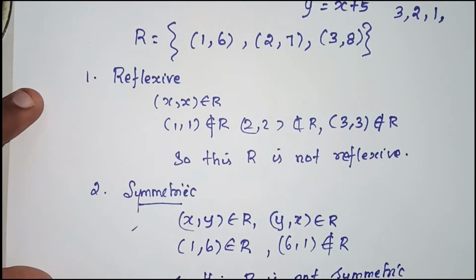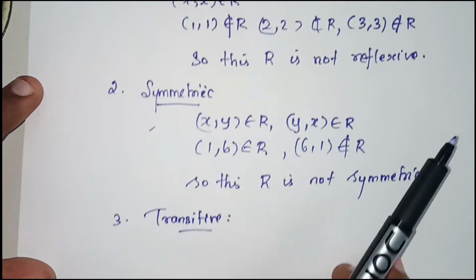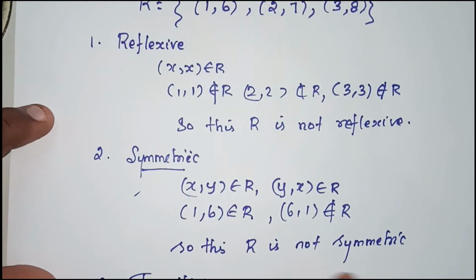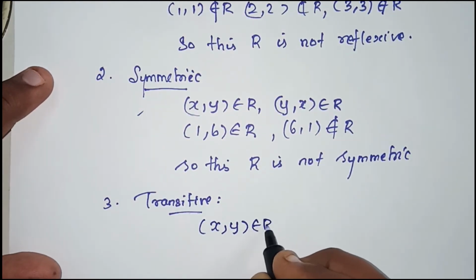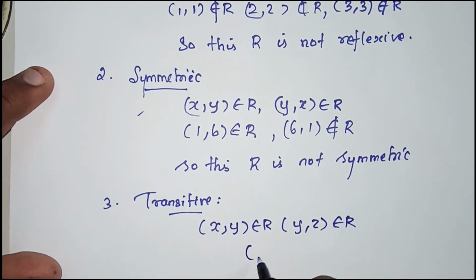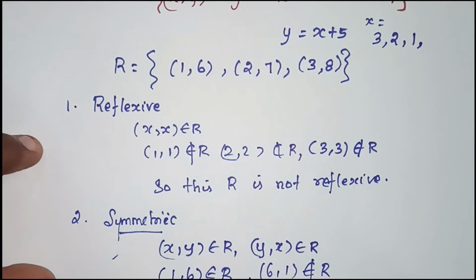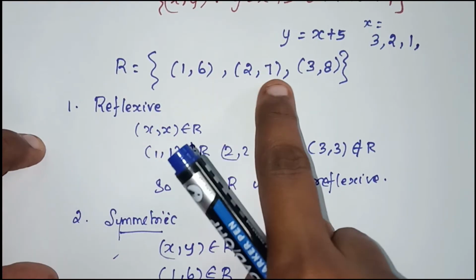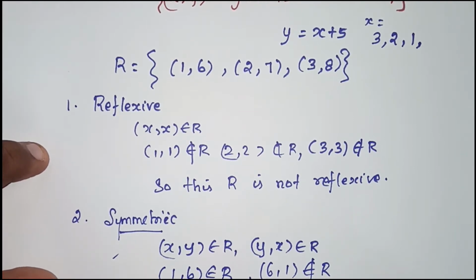Next, transitive. There are no such pairs to satisfy this transitive property. Transitive property means x comma y belongs to R, y comma z belongs to R, it implies that x comma z also belongs to R, right? In this relation we have only three pairs of elements. So we can't take x, y, z.